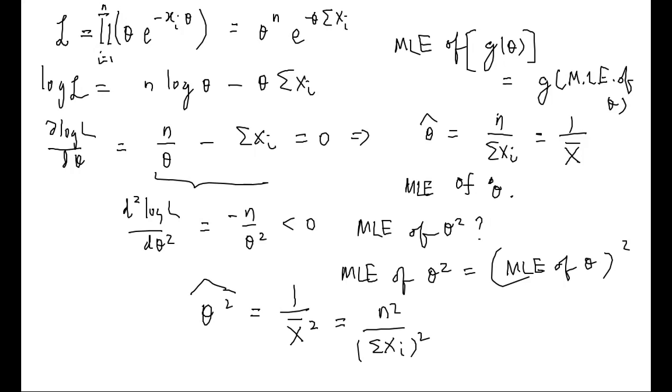Now, we know that this sum here, let's say y, is actually a gamma with alpha equal to n, and the scale parameter is 1 over the rate. So how do we find the expectation?